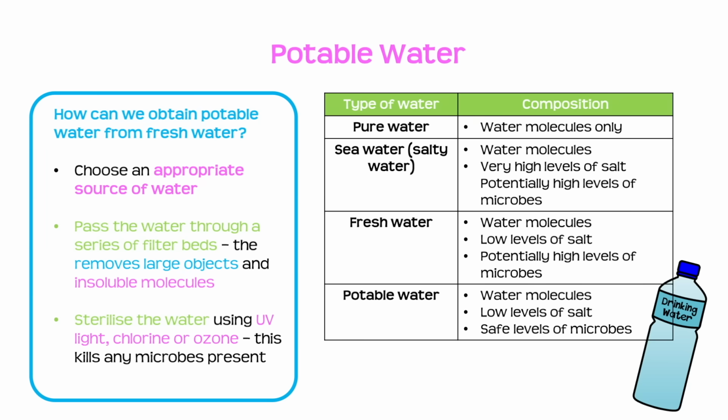It will likely have low levels of salt, but it's going to have potentially high levels of microbes. Finally, potable water is going to have water molecules in it. It's safe for it to have low levels of salt, and also it can have safe levels of microbes within it. So it's not going to really be water molecules only, it's not pure water necessarily, but it needs to have safe levels of salt and microbes to be drinkable.